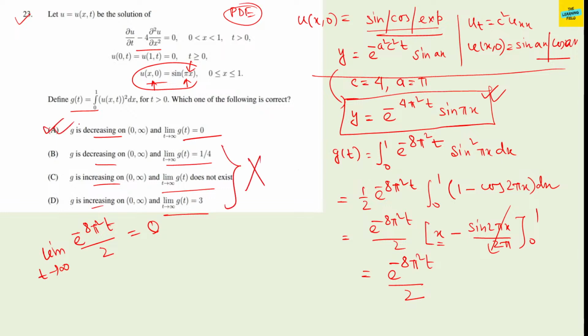Option A is the correct one. If you have more time in the exam hall, you can check whether g is increasing or decreasing by checking whether g dash is greater than 0 or less than 0. But I suggest there is no need to find g dash.